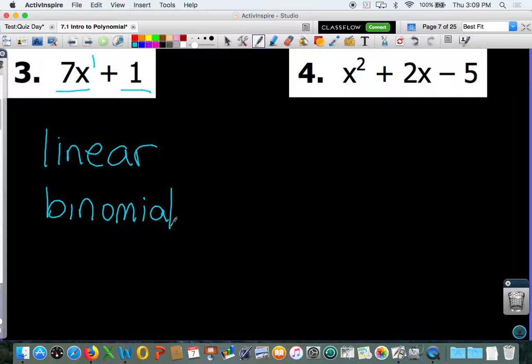I come over to 4, and I've got to actually pay attention to my variables now because I actually have 2 this time. So I have x squared and x to the 1. X squared is higher. So since x squared is higher, I now have a quadratic.